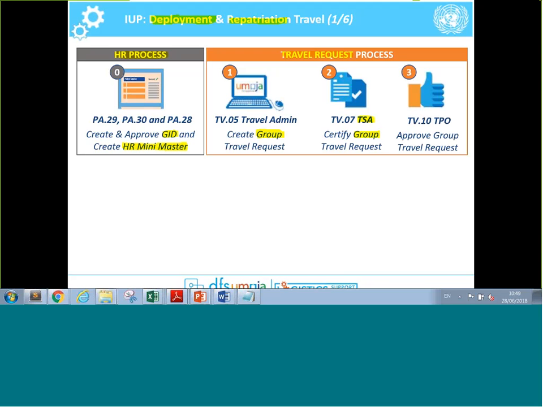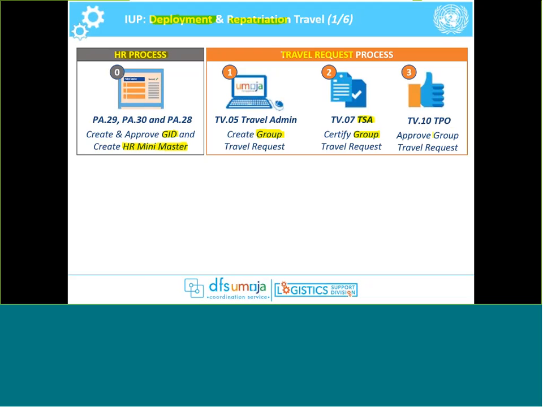So the travel processing officers will receive in their work centers the group travel request. They will get the estimate to travel the entire group, and they will contact the vendors to arrange the tickets for the entire group.